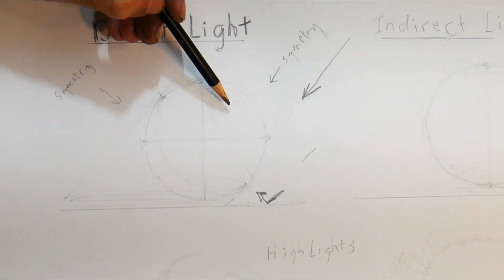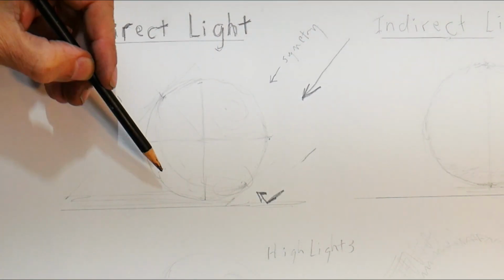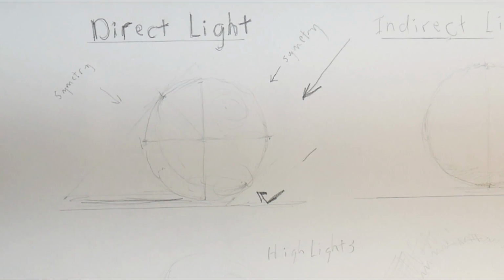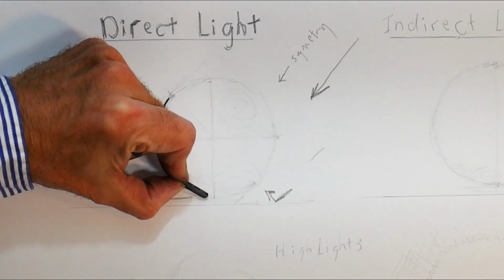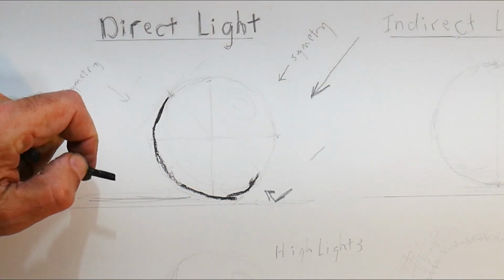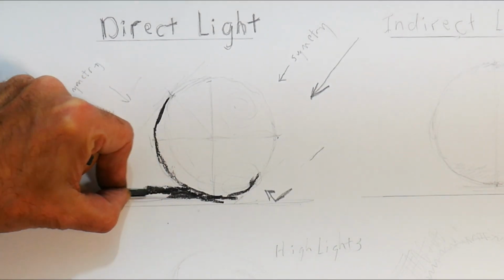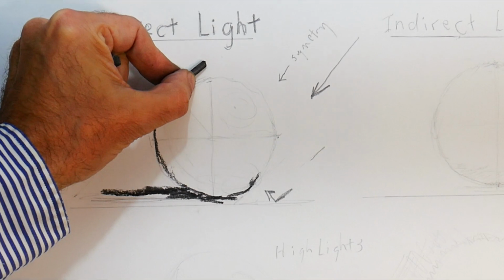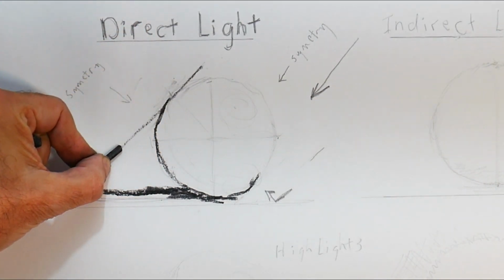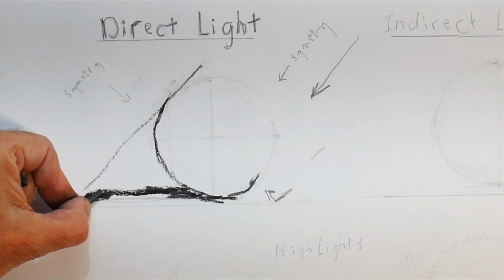That's where the light is most hitting, and it's going to be the darkest under here, and this is going to be where our shadow is. Dark shadow right here, and we have this very dark surface area right here. That's the main shadow. So the light is coming straight down, and the shadow is going right to about here.